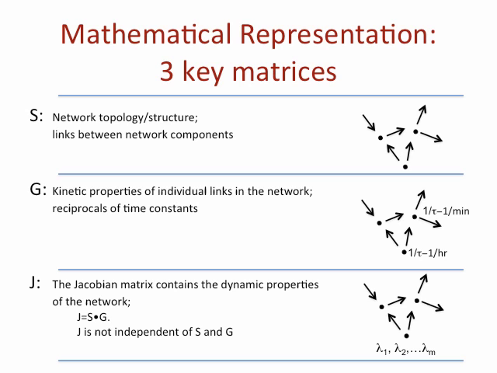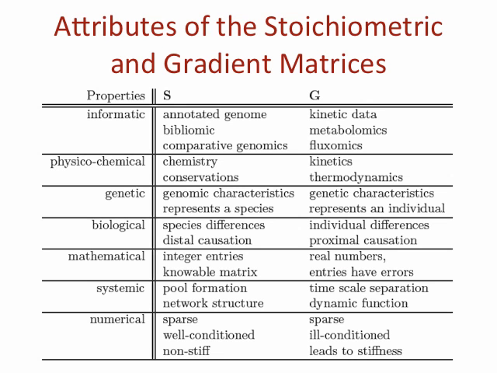We will therefore not talk more about the Jacobian matrix in this class. Finally, this slide shows the many and important attributes of these two matrices. This slide is somewhat important, so I'm going to describe it in some detail. It is absolutely remarkable how much information is contained in these two matrices simultaneously.